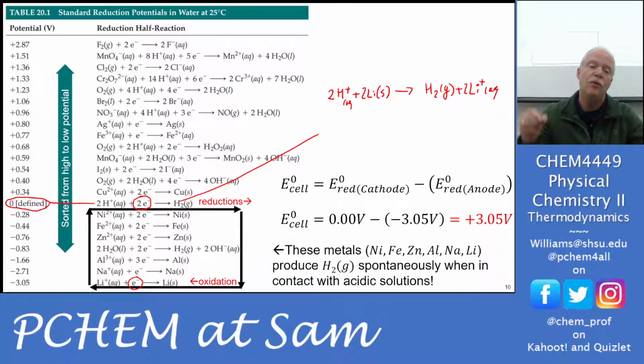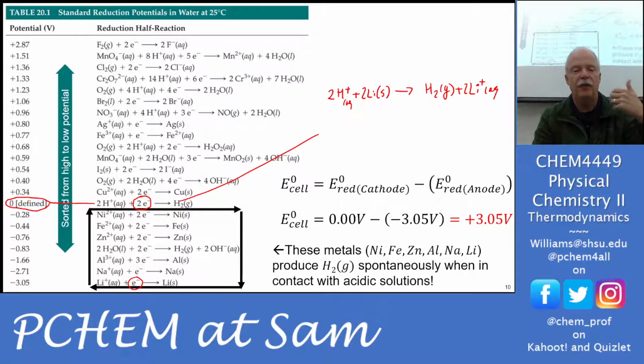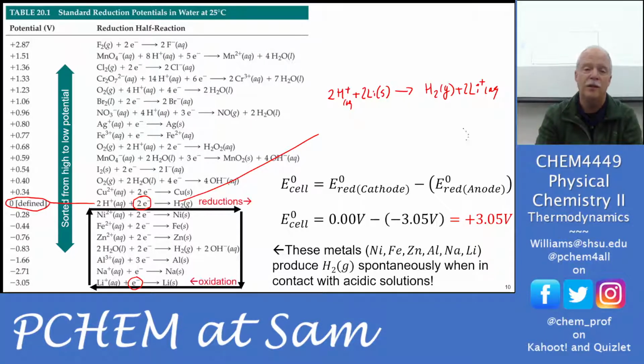Well, this reaction of hydrogen gas being formed from hydrogen ion at 1 atmosphere of hydrogen gas, 1 molar solution of hydrogen ion, we're going to define that potential as 0, and every other potential is based upon that reference. And so this right here will give us 0 for the hydrogen half reaction.